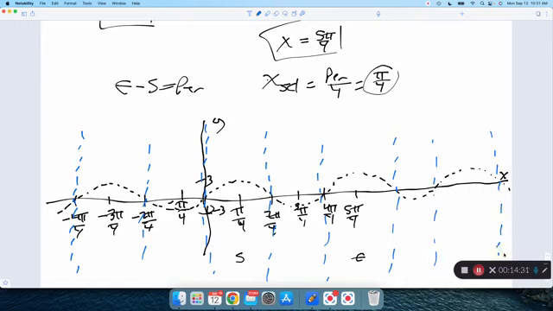Now I just take all these little hills and valleys and I flip them inside out. Like this little hill right here. See this guy right there? I'm just going to take it and flip it up. Everything that's above gets flipped up.